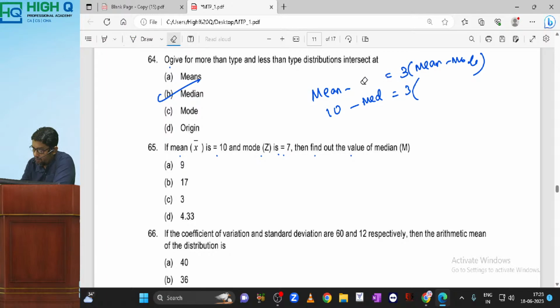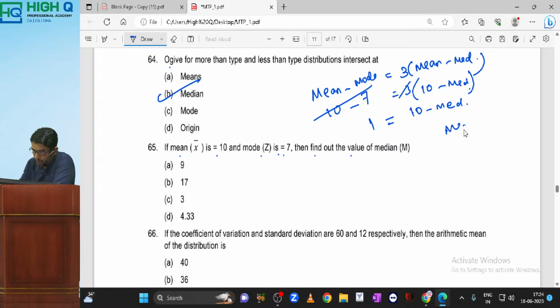The 3 cancels, which is nothing but 1, so 10 minus median is 1. So median is equal to 9, I am getting.